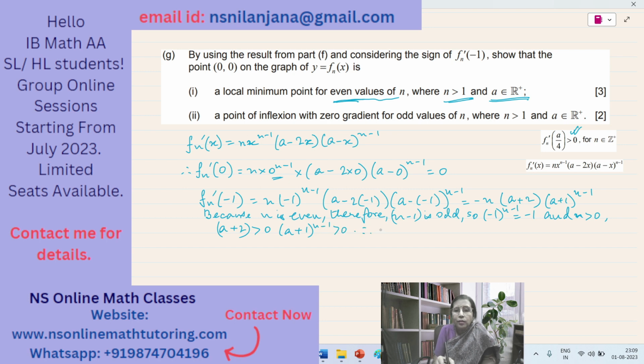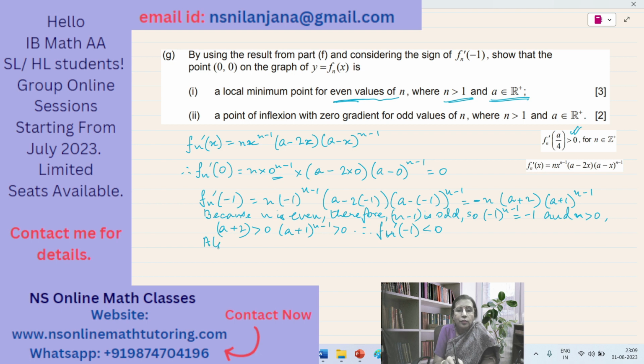Therefore, Fn dash of negative 1 is less than 0 because of this negative sign in front. Okay.